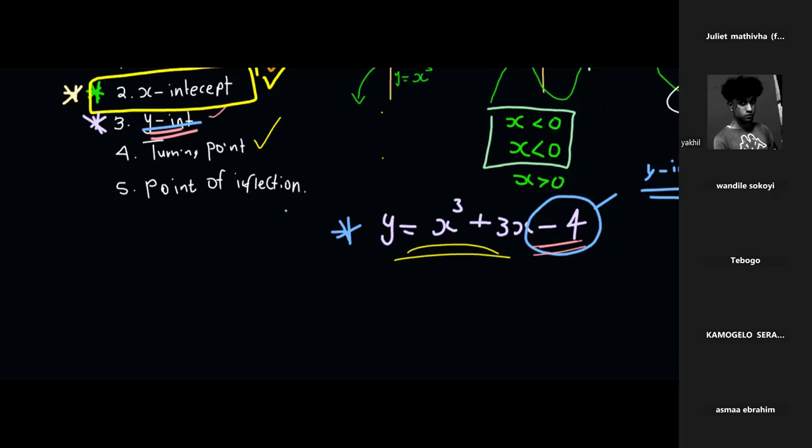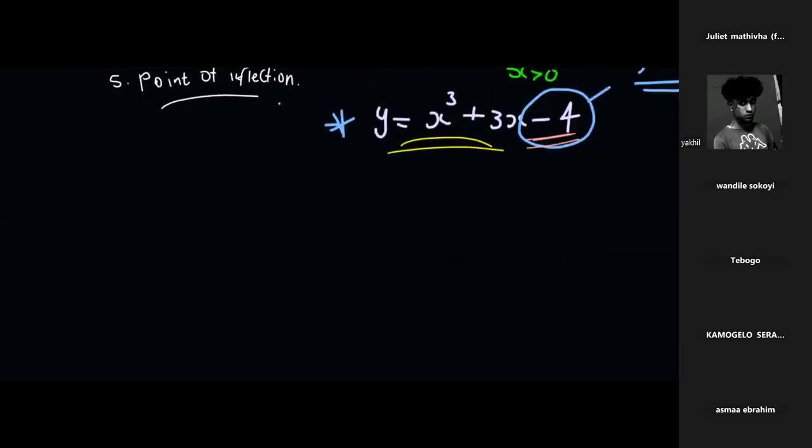And then with regards to the point of inflection, there are two ways in which you can find it. Number one, let me show you what a point of inflection is, because maybe some of you don't understand. Whenever you have a cubic function like this, the point of inflection is the average distance between the x values of the two turning points. Here is going to be your turning point, let me abbreviate it as TP1, turning point number 1.